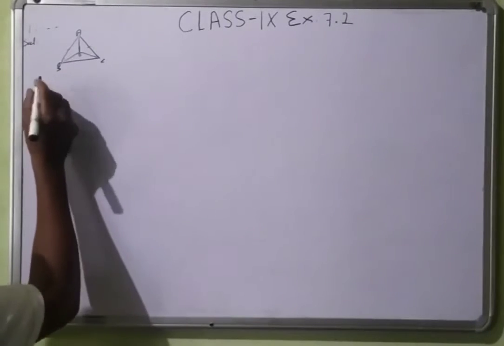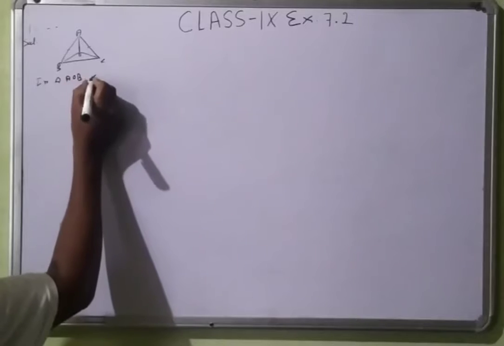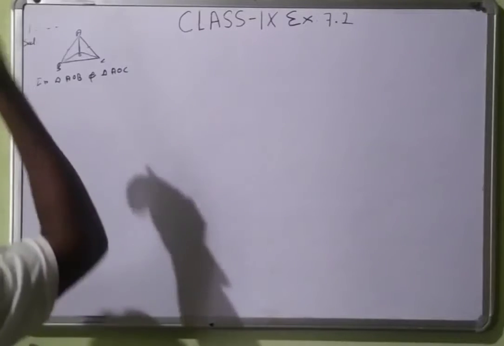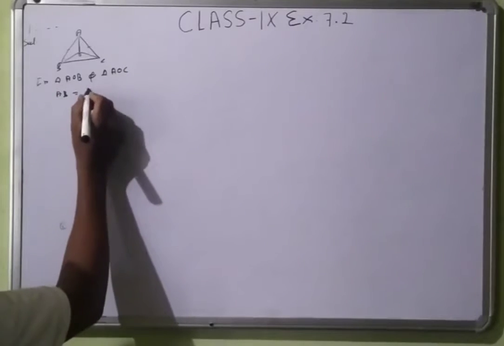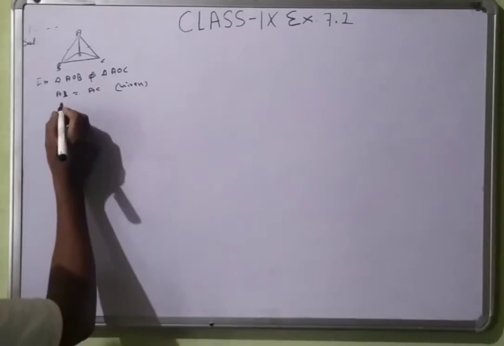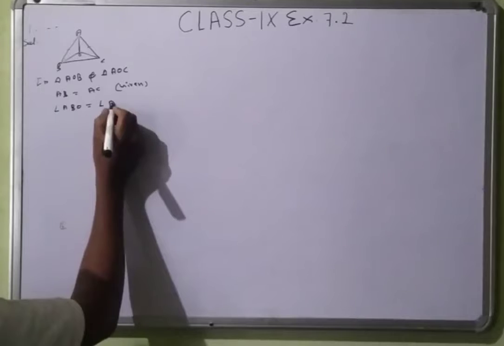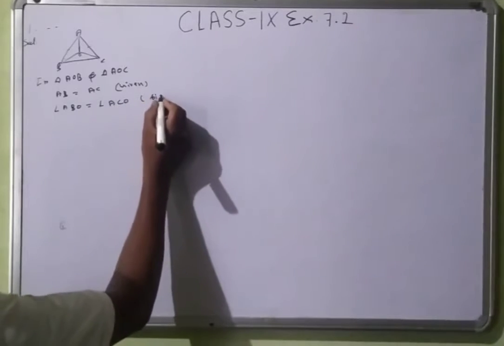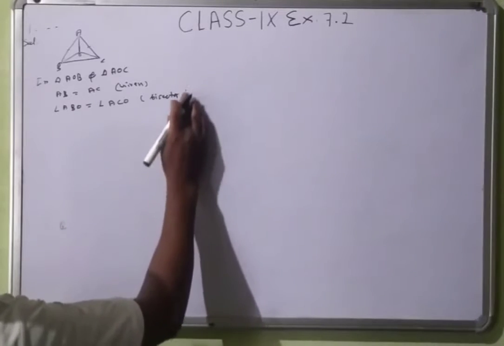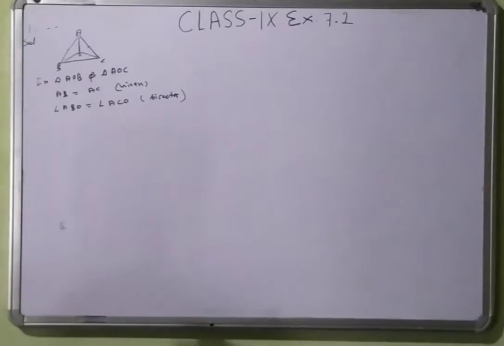So, in triangle AOB and triangle AOC, AB is equal to AC, given, that angle ABO is equal to angle ACO by bisector. Only the bisector is sufficient because angle B and angle C are equal by the isosceles triangle.